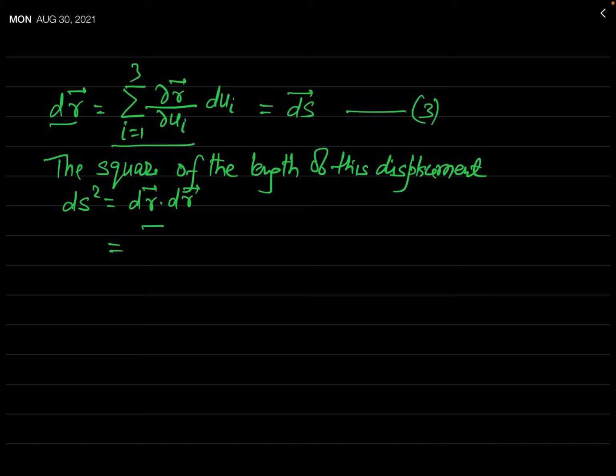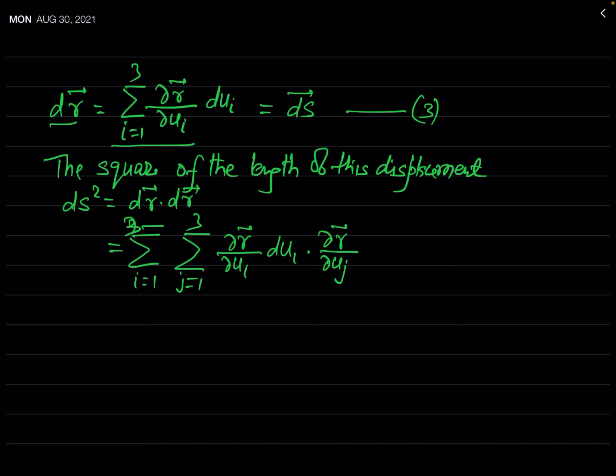So in the light of this equation 3, you can write dr dot dr as summation i from 1 to 3, summation j from 1 to 3, and for one of the dr we write del r by del ui dui, dot, and for the other dr we write del r by del uj duj.